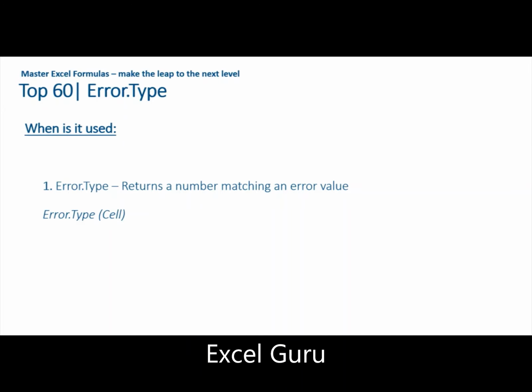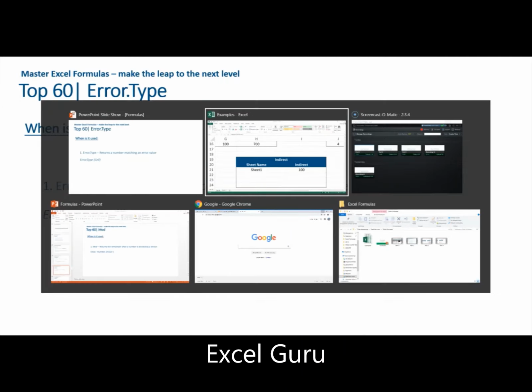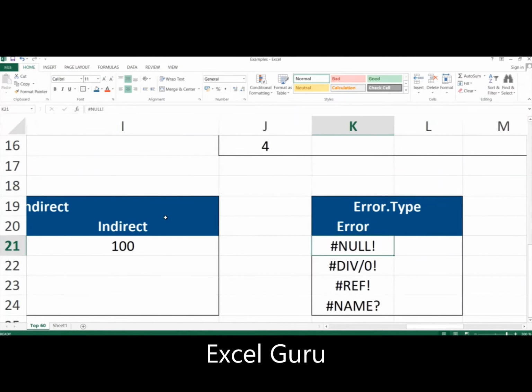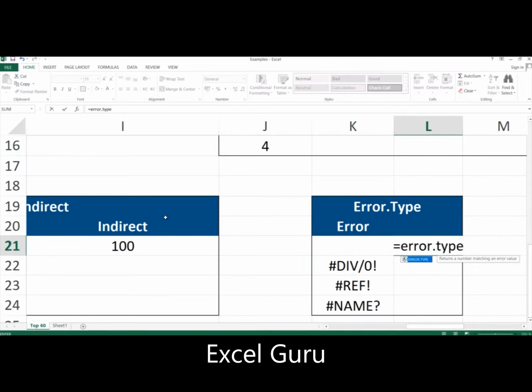Basically, what this formula, ERROR.TYPE, does is it returns a number matching an error value. The structure of the formula is that all we need to do is input the cell or the range here. Now going back here, I will show you what I mean by starting to type the formula, and look at this now.